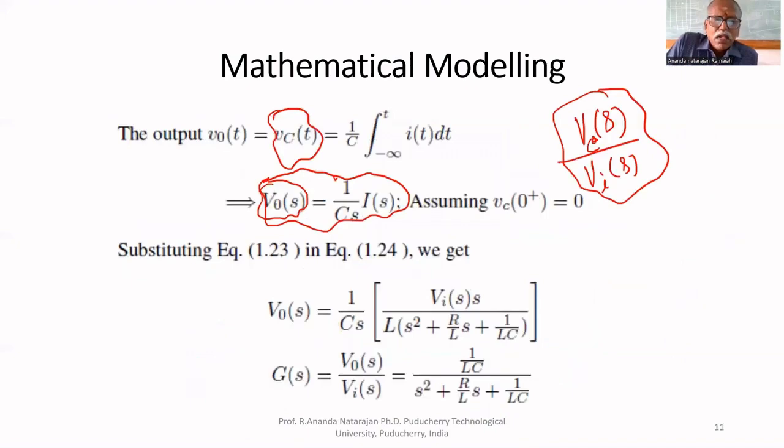So now the transfer function of the given electrical system can be called G of S. The output of the system is assumed as V naught of S, that is the voltage across the capacitor. What is V I of S?